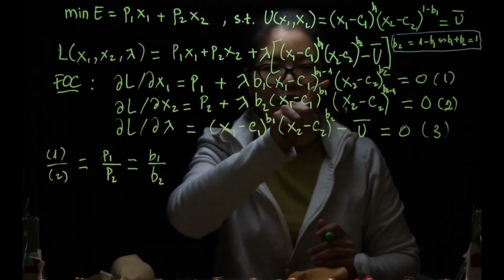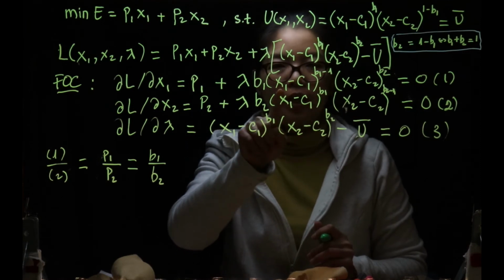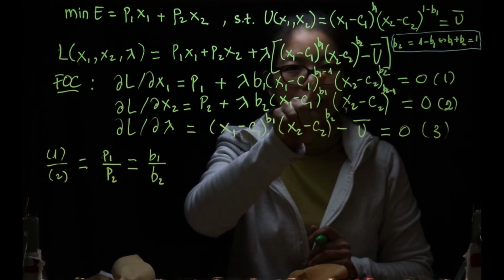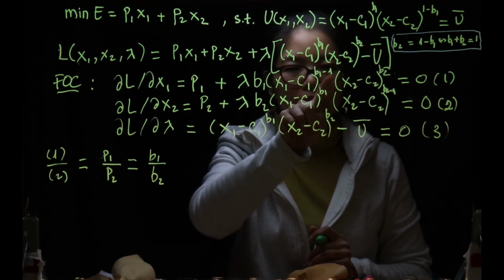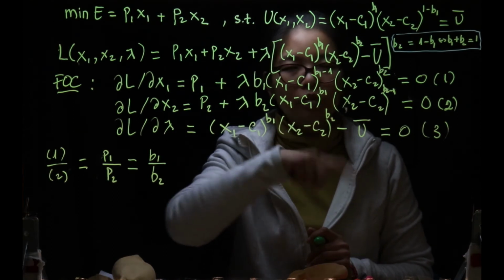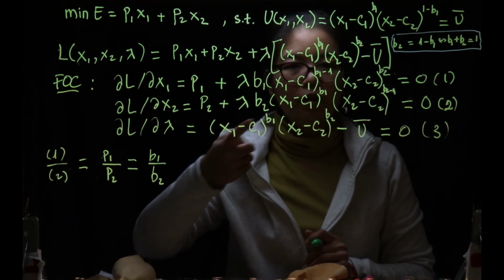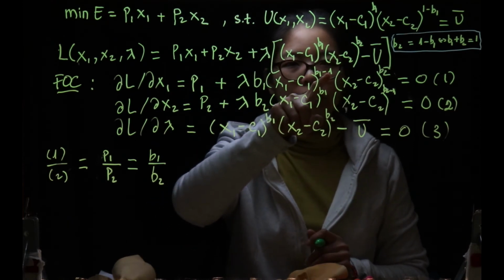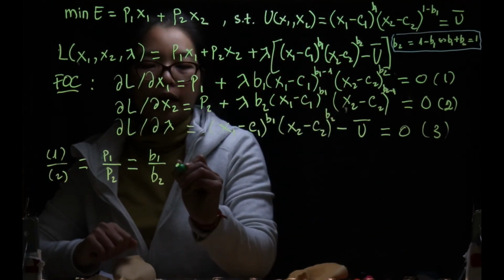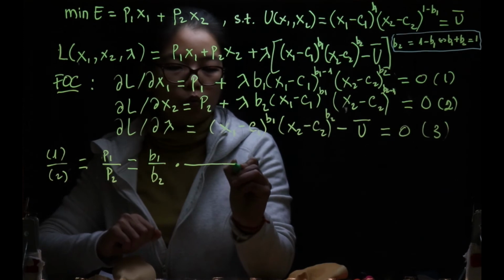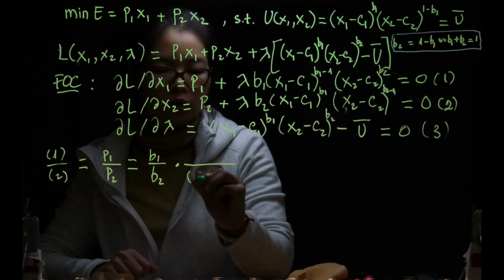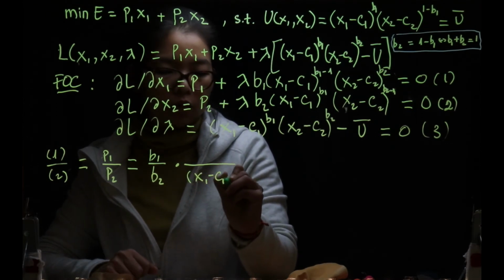And now let's simplify directly this one. x1 minus c1: on the numerator you have the power b1 minus 1, and in the denominator you have b1. So at the end you have still the power minus 1 over here, which can also be written as 1 over x1 minus c1.